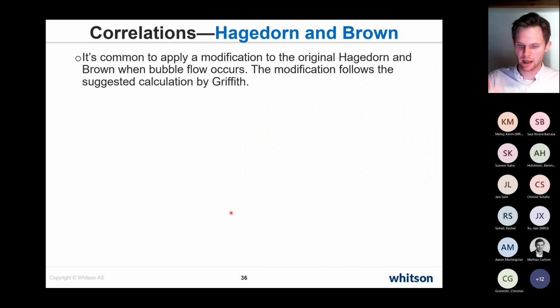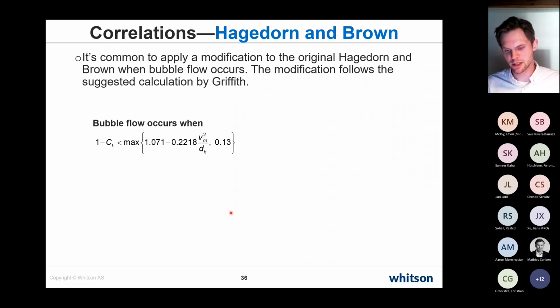So it's very common to apply modifications suggested by Griffith, where you define a limit for so-called bubble flow. That flow regime boundary is when 1 minus this liquid flux fraction is less than the maximum of that equation or 0.13. If this is true, then we have bubble flow.